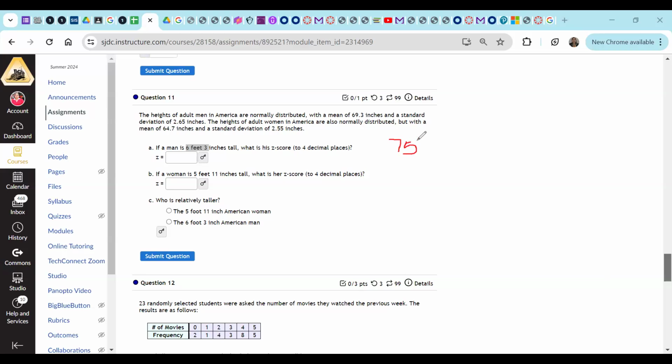That is the X value given to us, minus the mean for the man, 69.3, divided by the standard deviation for the man, 2.65. And when you do the calculation, check and see if you got 2.1509.